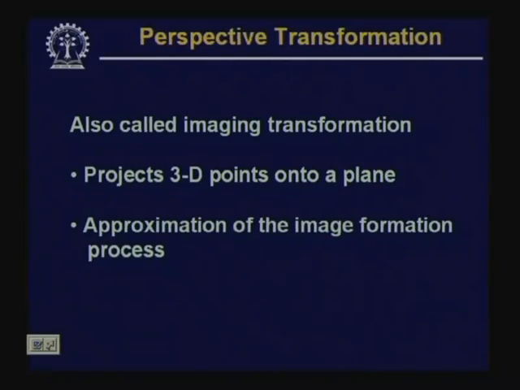It is also known as an imaging transformation, and its purpose is to project a 3D world point into the image plane, and this gives an approximation to the image formation process actually followed by a camera. Now, let us see what this perspective transformation is.